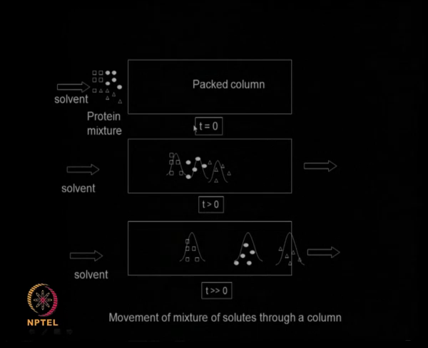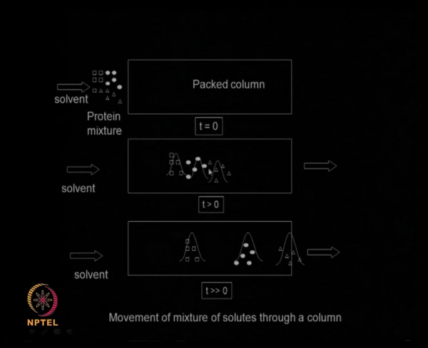There could be ionic interaction between the solute in the mobile phase and the stationary phase, and this ionic interaction could vary depending upon the type of proteins present. Proteins which have a very strong ionic interaction will travel slowly or get slowed down. Proteins which have weak ionic interaction will travel faster.